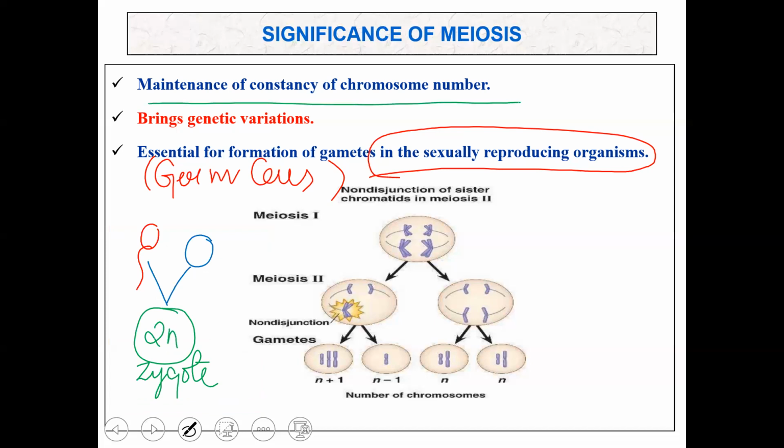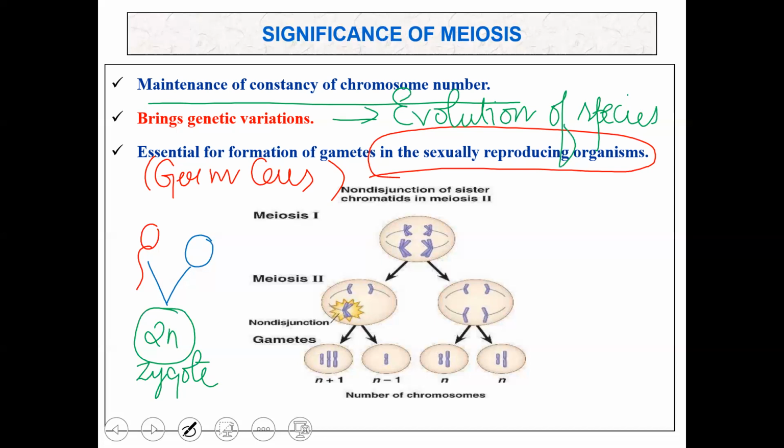Genetic variations, we know, are brought about because of the recombination which occurs during meiosis 1, and that leads to variations, and these variations may lead to the process of evolution of species. We know that paternal and maternal chromosomes are sorted independently.